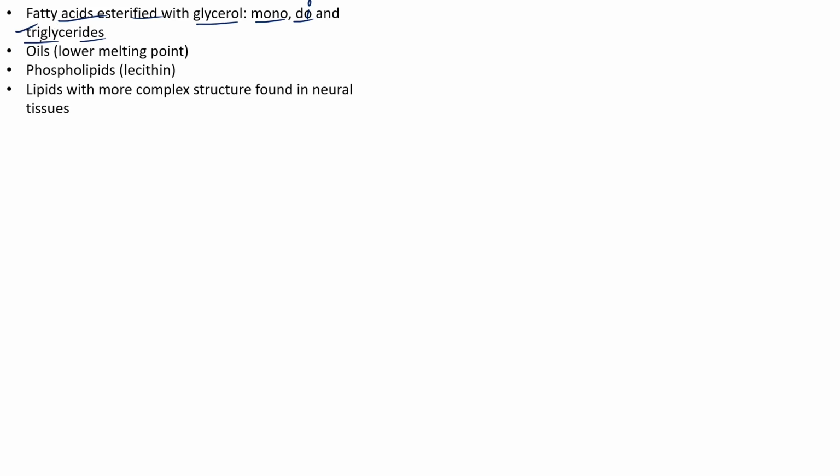Another type of lipid we have is oils, and generally oils have a lower melting point than fats, hence even in colder temperatures they remain as oils.